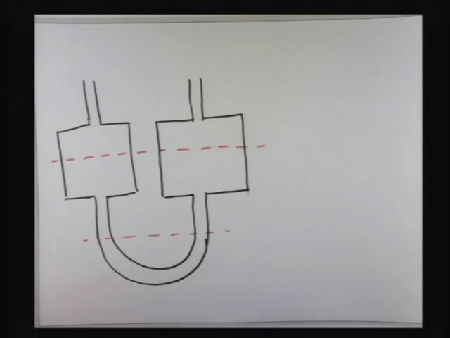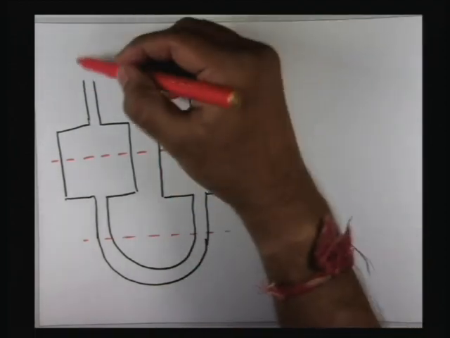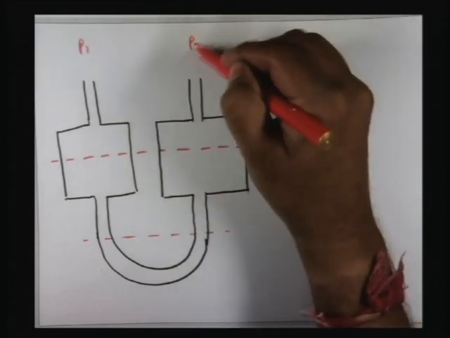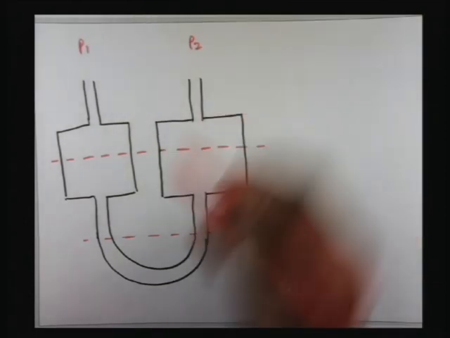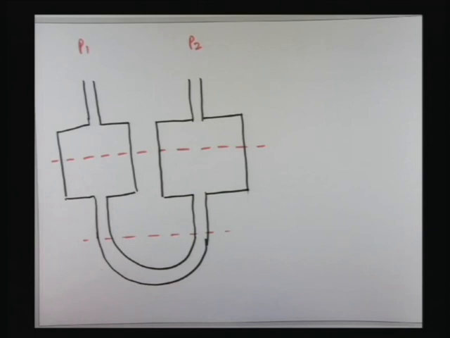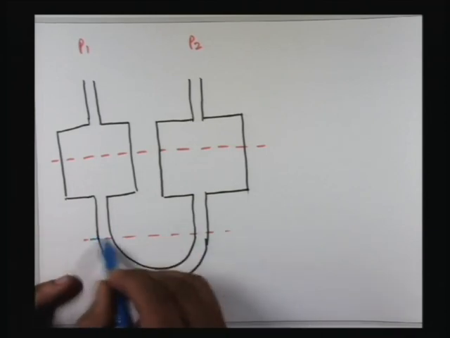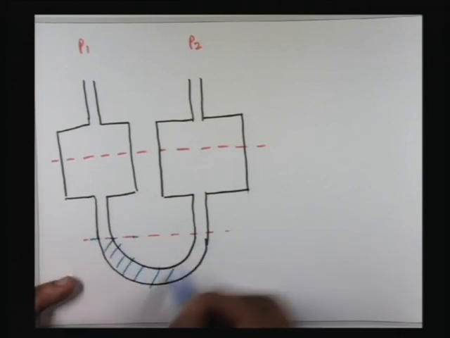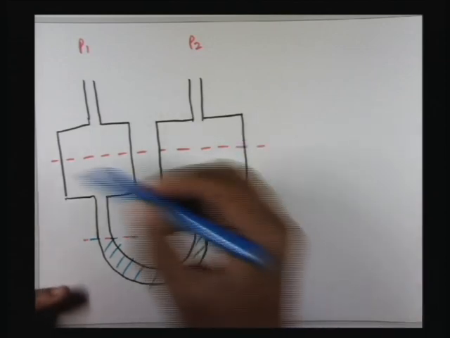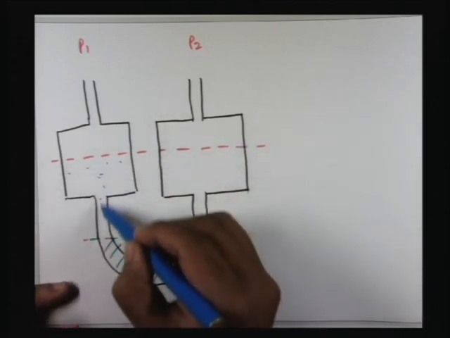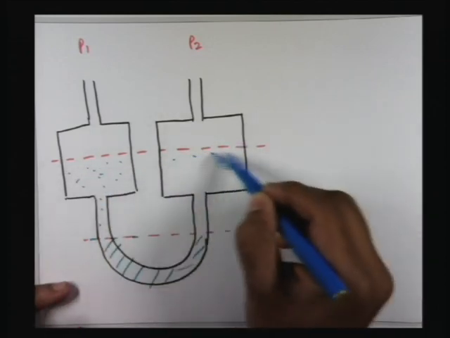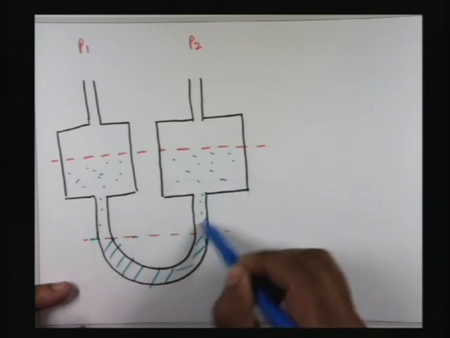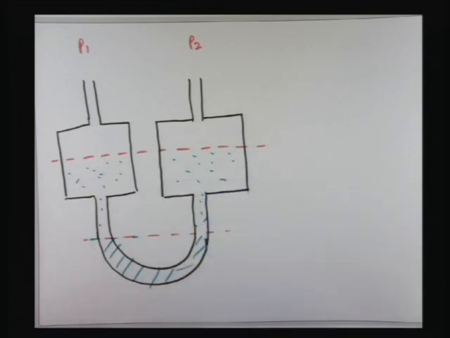So suppose the pressure here and the pressure here are equal. In that case, the liquids will maintain the same level in both the vessels.